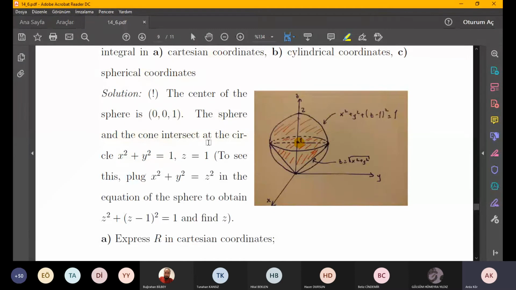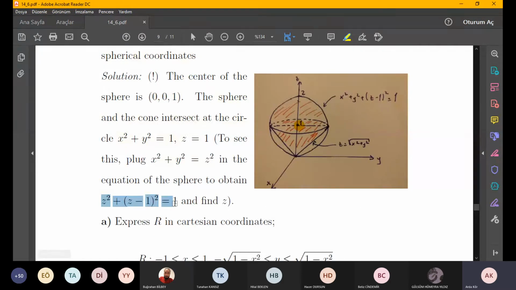If you compute that equation, you find z equals 1, so x squared plus y squared equals 1 and z equals 1, which will be the circle here. That will be the intersection of the sphere and the cone.